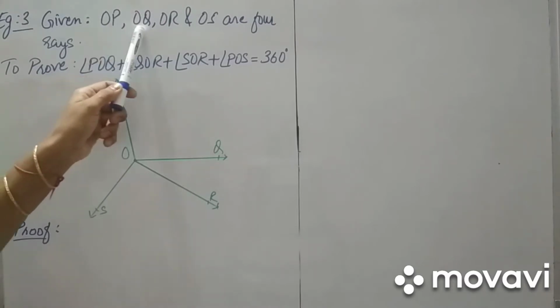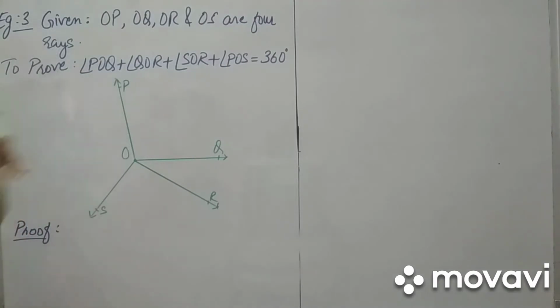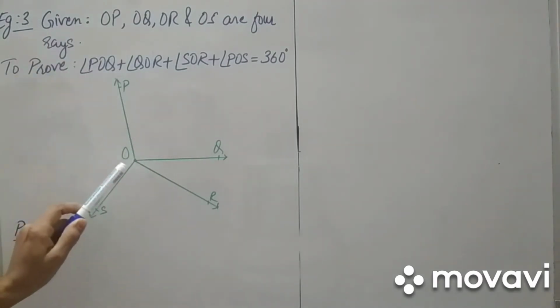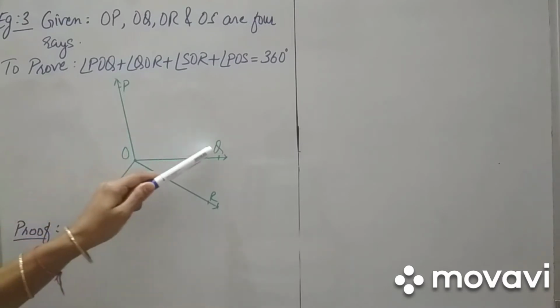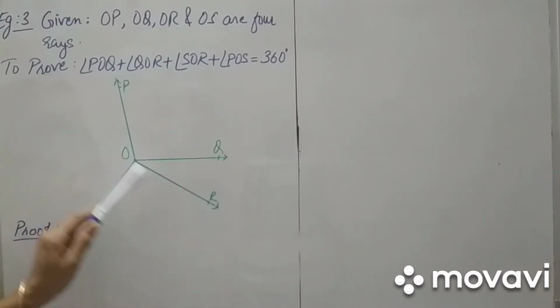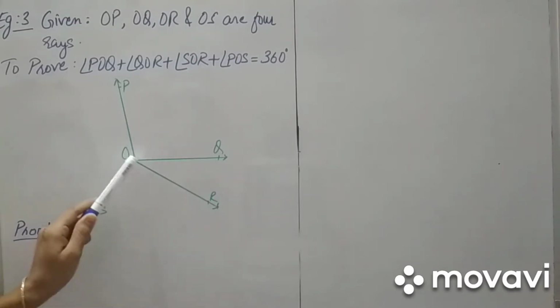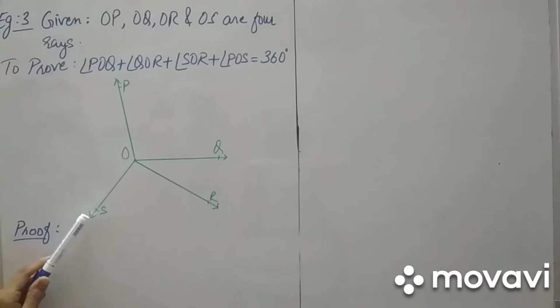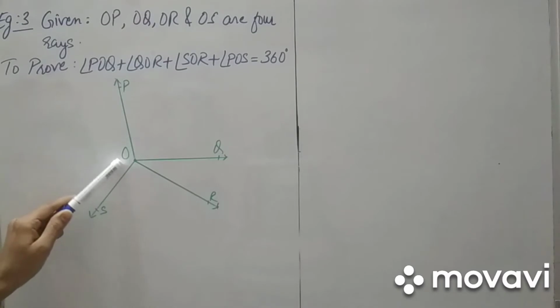Rays OP, OQ, OR and OS are 4 rays and they all are meeting at a point O. What we have to prove is angle POQ plus QOR, means this angle plus this angle, plus ROS and POS. All these 4 angles added are equal to 360 degrees.